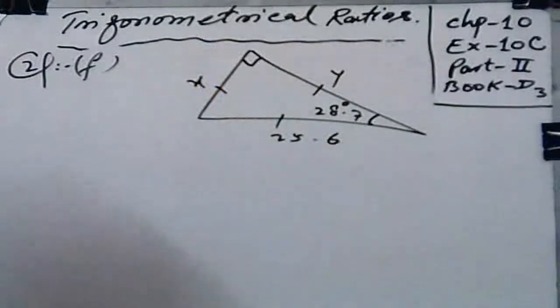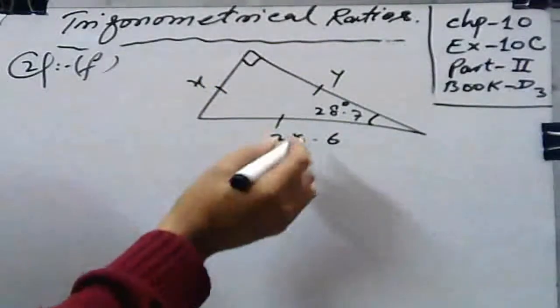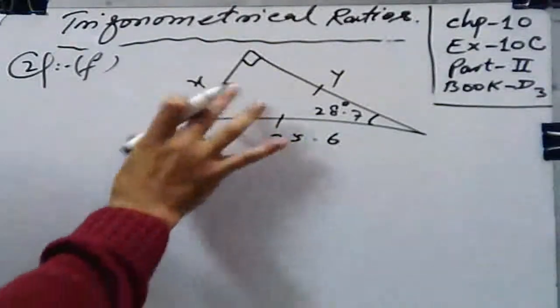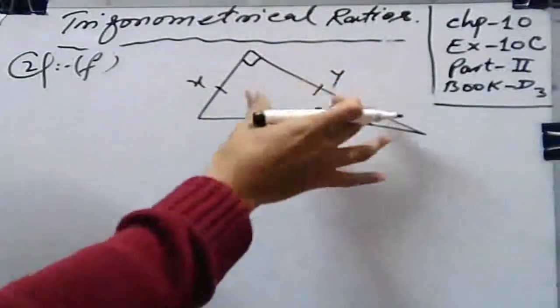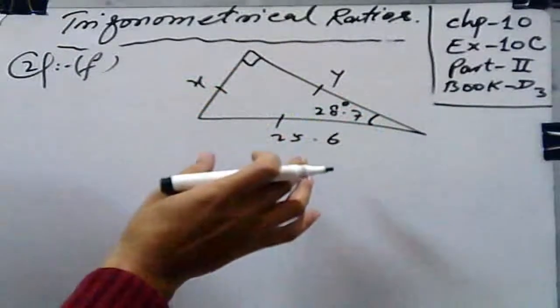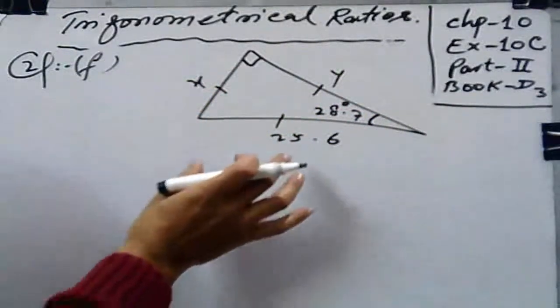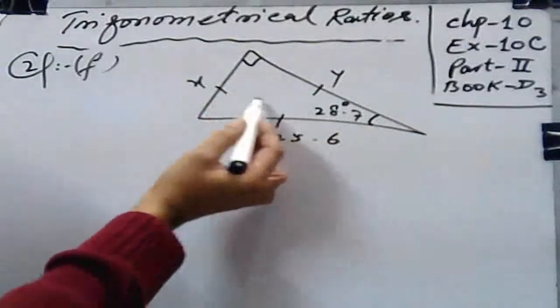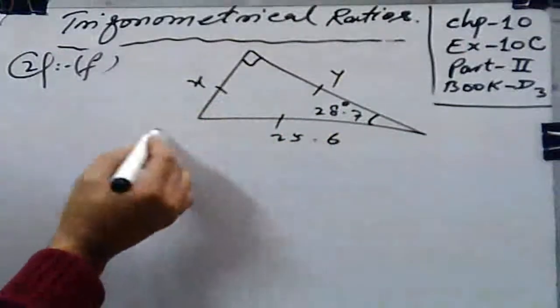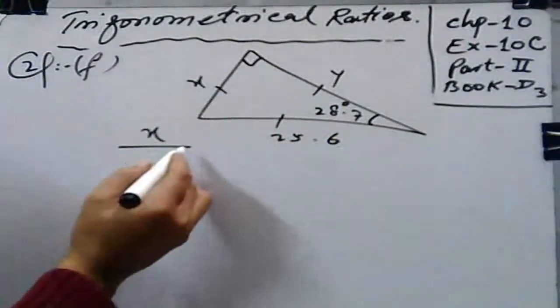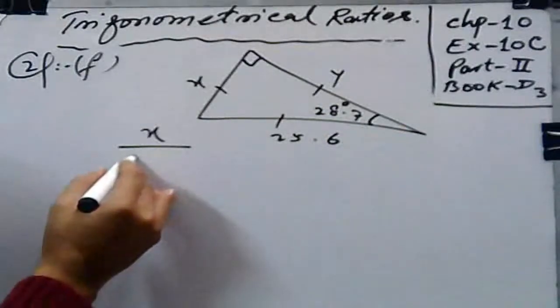Here the angle is 28.7 degrees and this side is 25.6 and this one is your x. So once again by the same methodology, to find f, first of all we have to find x or y, whichever you would like to find.